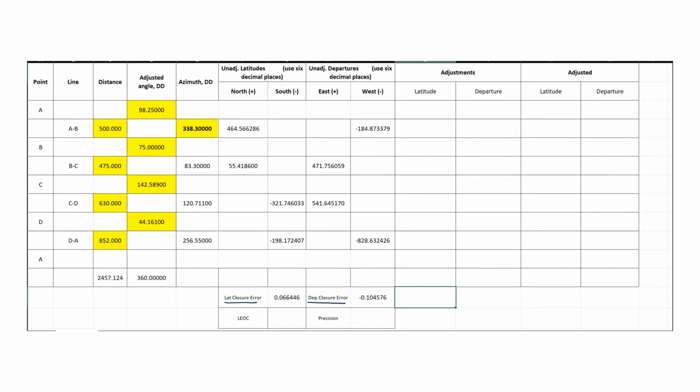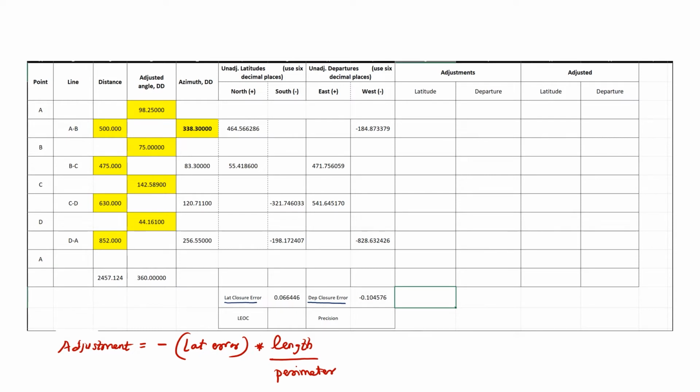To write this equation, adjustment is given by negative of lat error times length divided by perimeter, right? This is the formula for adjusting the latitude.